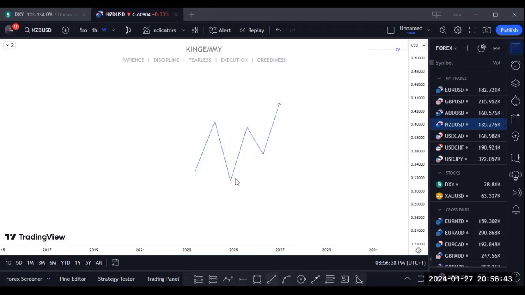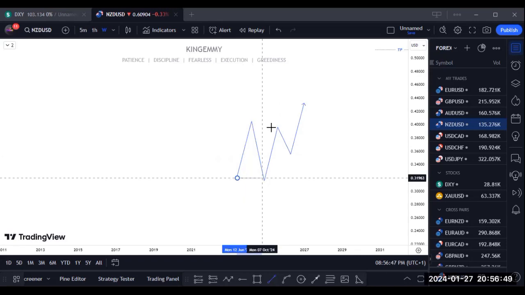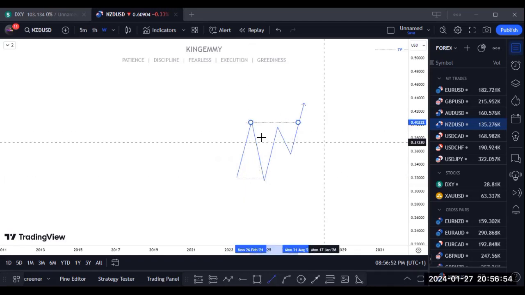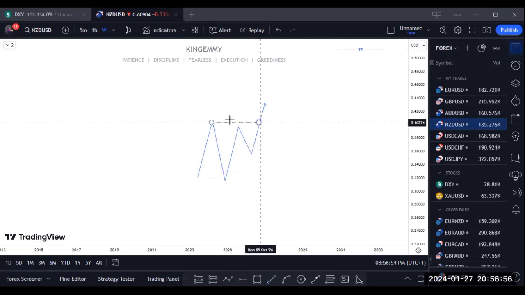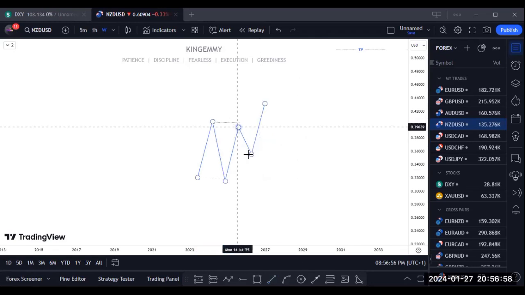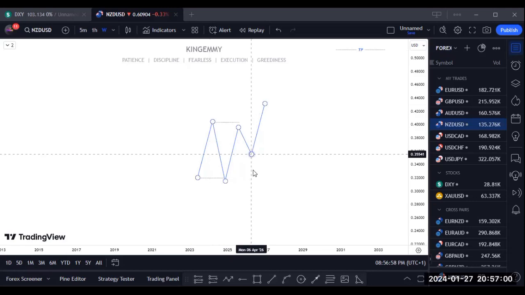When price takes out liquidity, it's externality though. So when price takes out this low and breaks through this particular high, okay, let me use our original concept first.